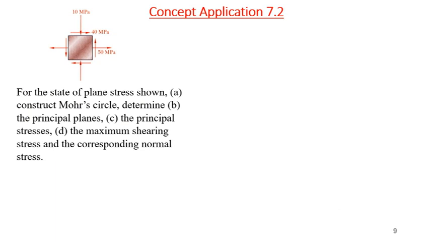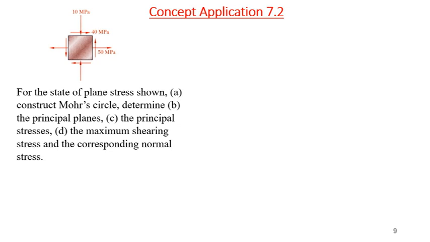So the state of stress is given. For the state of plane stress shown, part A, construct Mohr circle, determine the principal planes. Part B and part C, we have two principal stresses. And part D, the maximum shearing stress and corresponding normal stress.